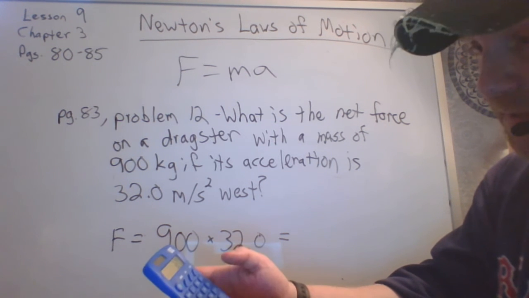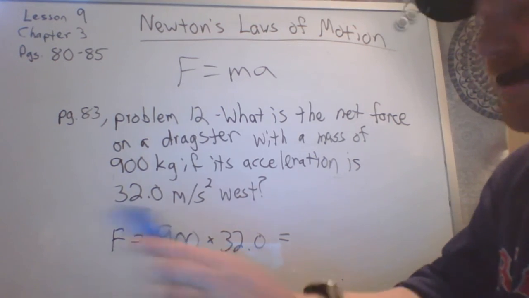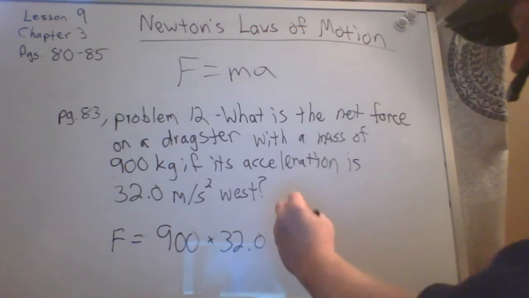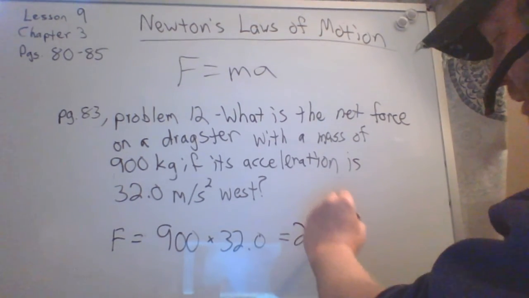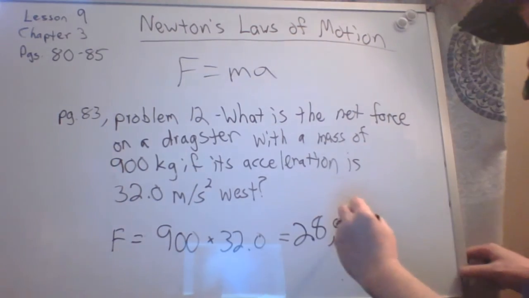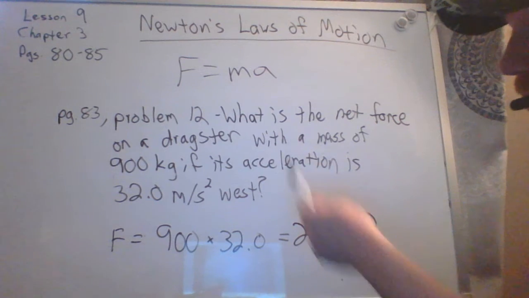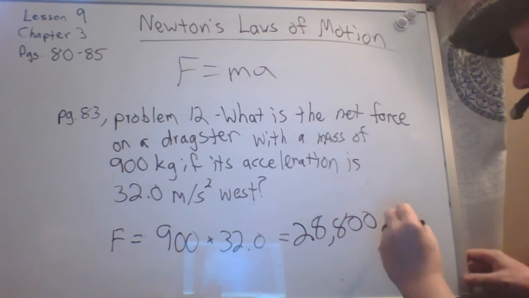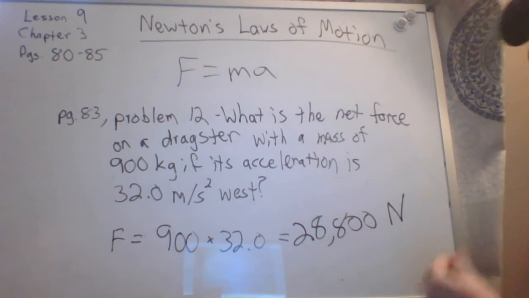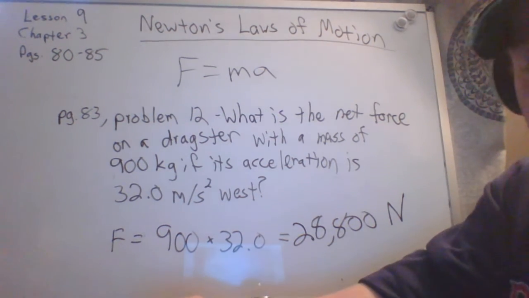You could type it into your calculator, and we get an answer of 28,800. Yep, 28,800. But what? We're solving for force. Our answer is going to be in newtons, capital N. So this is a classic example where you're solving for force.